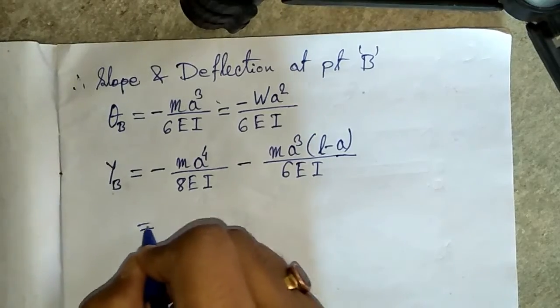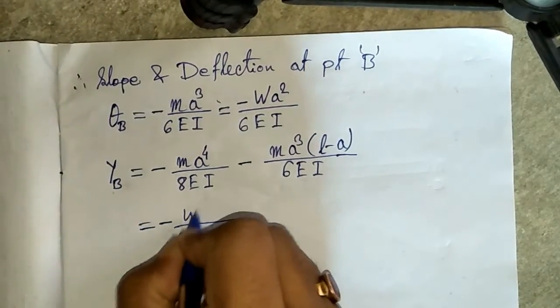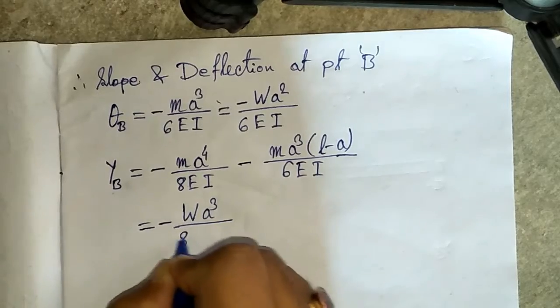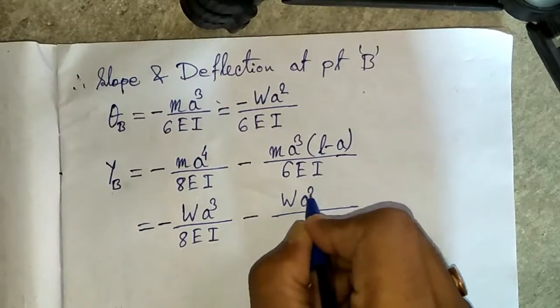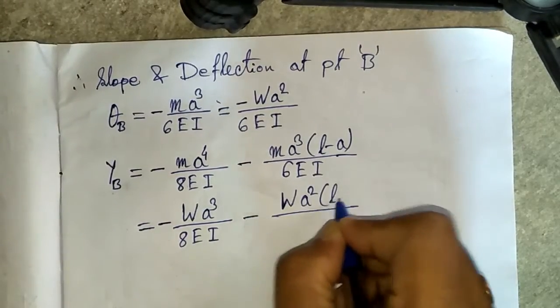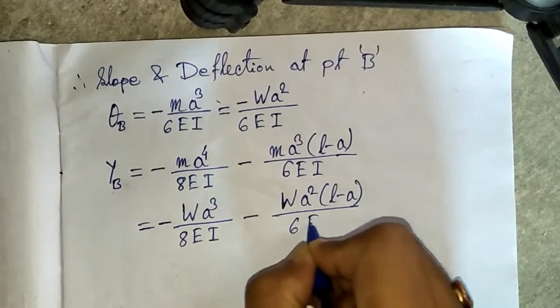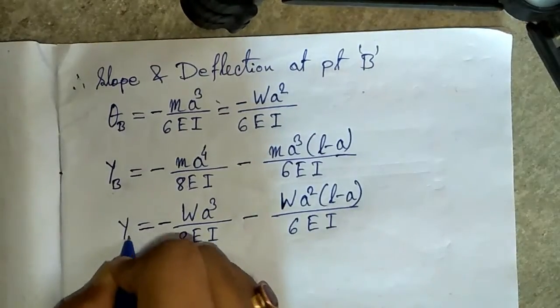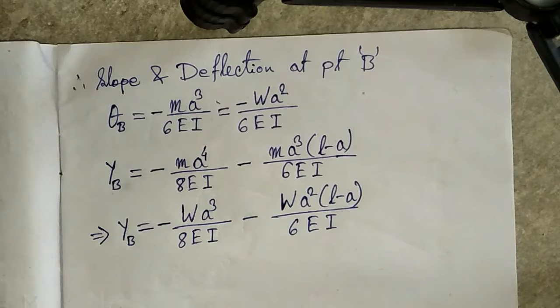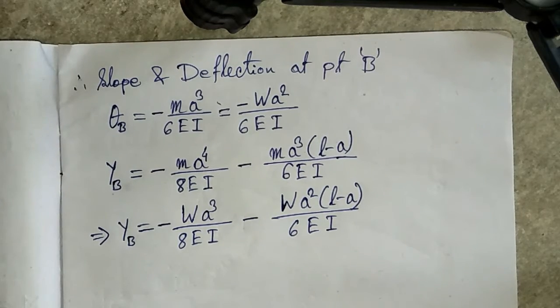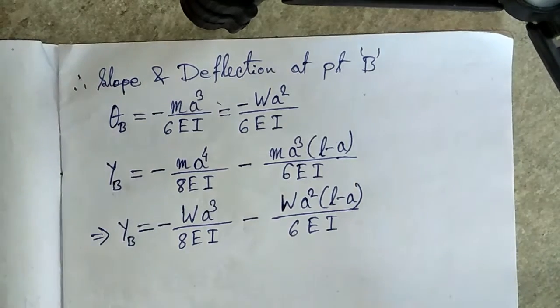In terms of total load, we can write minus w a cube by 8 EI minus w a square into (L minus a) by 6 EI. This is the expression of slope and deflection at point B in case of a UDL over a span a from the fixed end, where a is less than L, the total length.